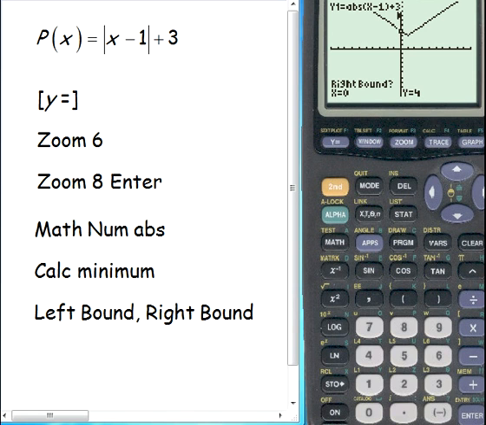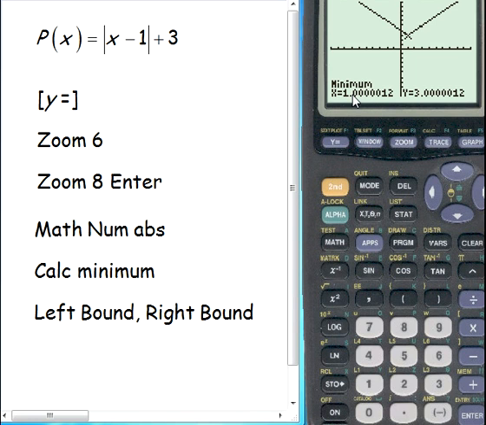Then for a right bound, we move the x to the right until we get a point to the right of the minimum, and we hit enter. Then there's always this guess, we just hit enter, and it gives you an approximation of the minimum.